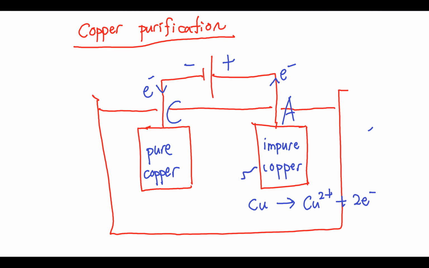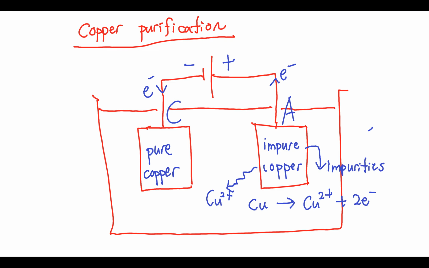So the copper will go into solution as copper ions. As it does so, the impurities will drop to the bottom of the electrolytic cell.